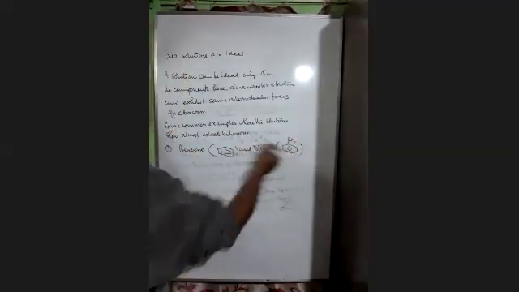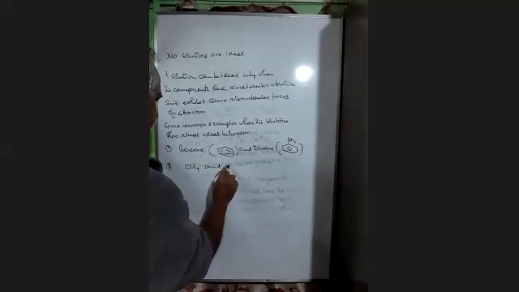Almost the same structure, only one extra methyl group is there. Then carbon tetrachloride and silicon tetrachloride. See, just below carbon is silicon, so it does not differ so much in its properties.